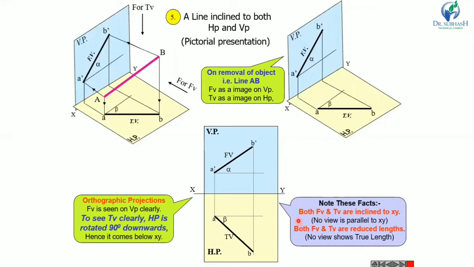Both the front view and top view are inclined to XY. No view is parallel to XY, and both the front view and top view are of reduced length. So no view shows the true length. Both A dash B dash and AB are known as the apparent length.